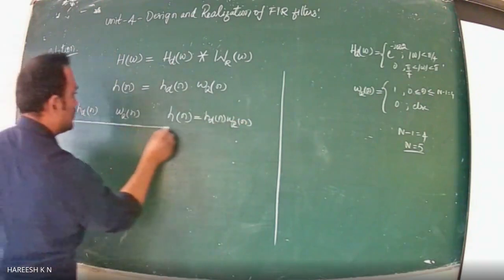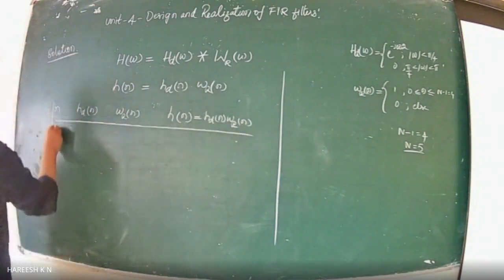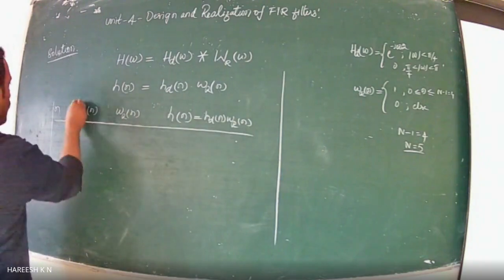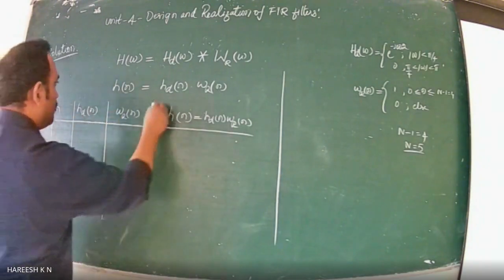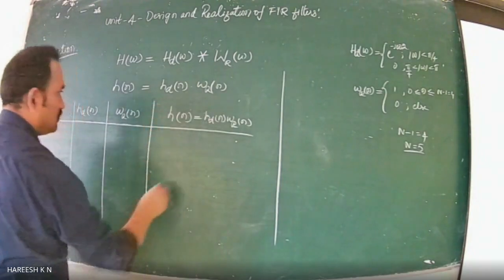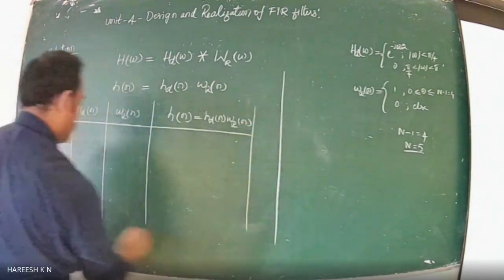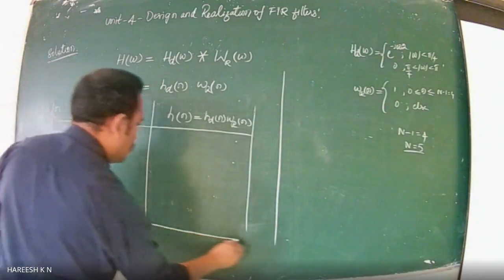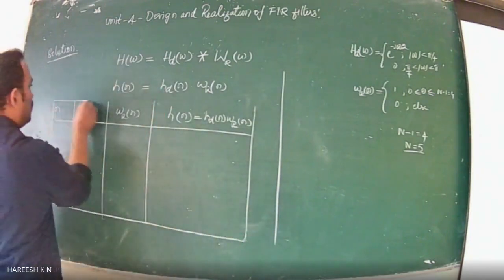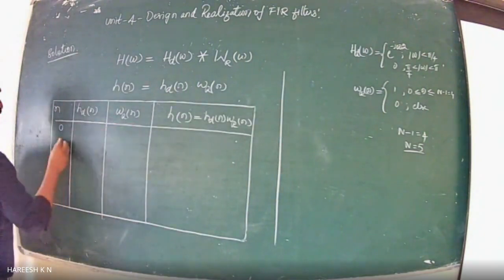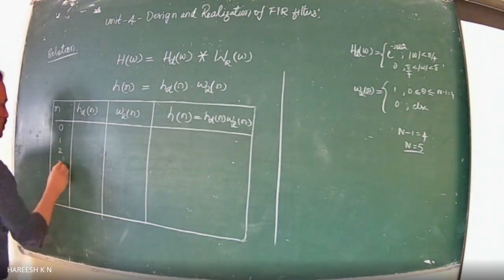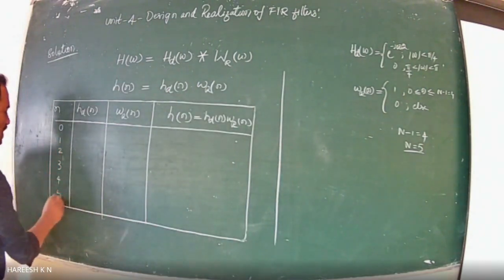By this we can identify whether h of n is symmetric or not. We'll come to know that. Now, n is varying from 0 to 5, isn't it? Therefore, 0, 1, 2, 3, 4, and 5.